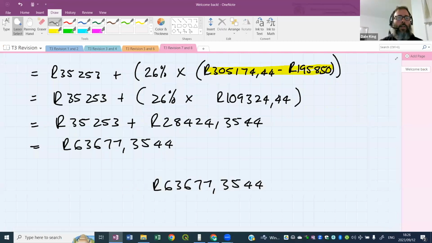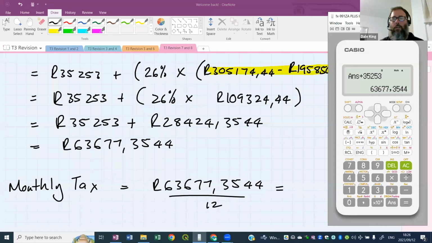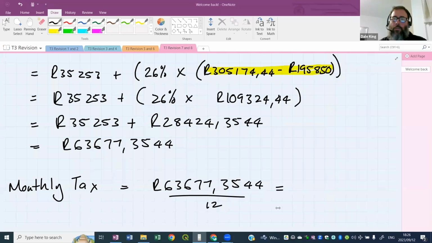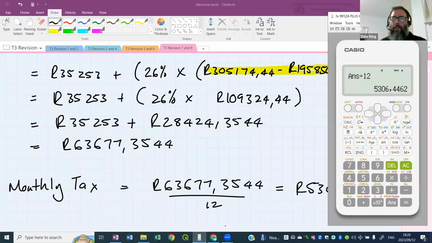So what I'm going to say here is monthly tax equals this value divided by 12, which gives me 5306.4462.